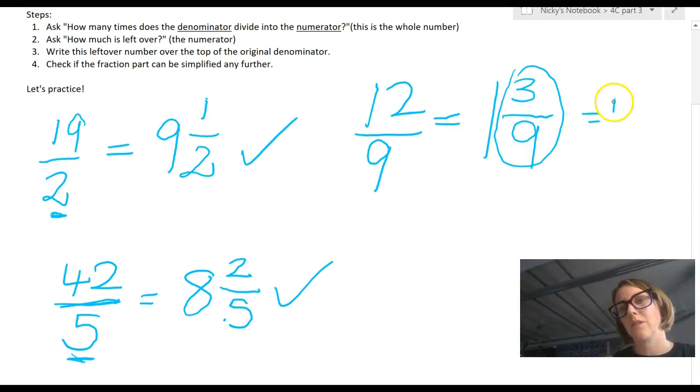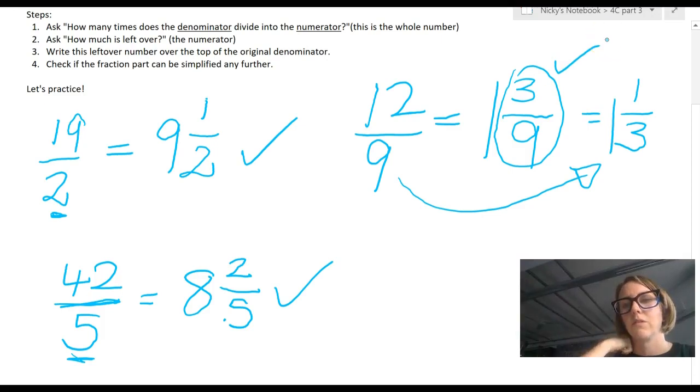So actually the final answer is 1 whole number, that stays the same, and to simplify 3/9 I divide by the highest common factor of 3, so that gives me 1 and 1/3. So actually this is my final answer, but I would expect you to go through this process first. Okay, so 1 and 1/3.